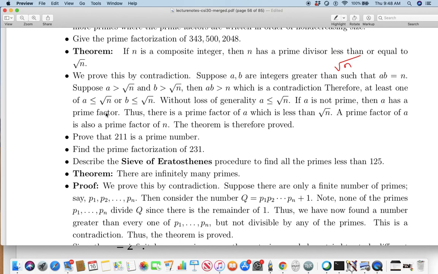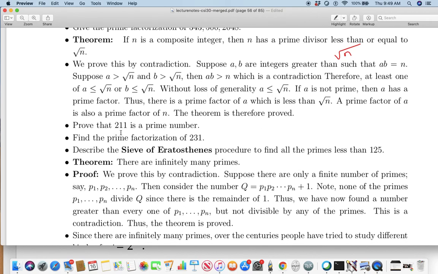Well, let's say a is less than or equal to square root n. If a is not prime, well, then we know that a has a prime factor because you can always factor your integers. There is a factor of a which has to be less than square root n. So you have found a prime factor of a, which is also a prime factor of n, and it is less than square root n. That has proved your theorem.